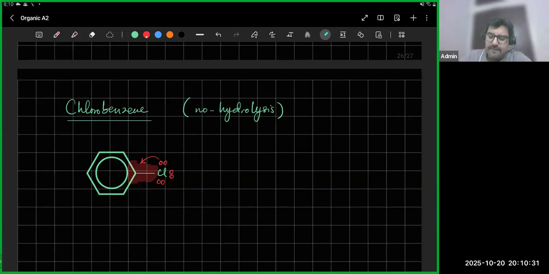Because there's a very high charge density electron cloud at that point, the water molecule, which is a nucleophile, is going to be repelled, because water also has lone pairs and the oxygen has a partial negative charge. So the water nucleophile is repelled because there are electrons already over here. Is this clear?